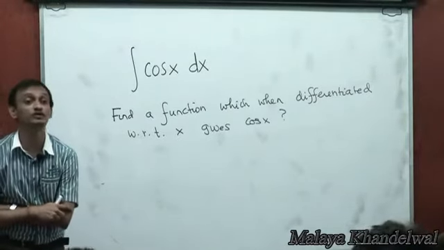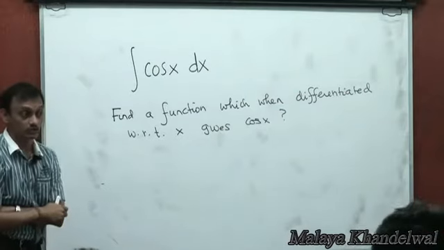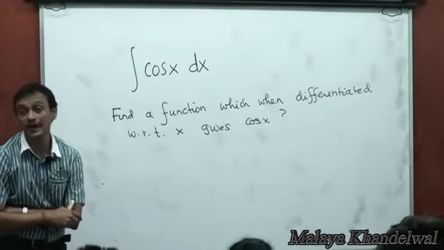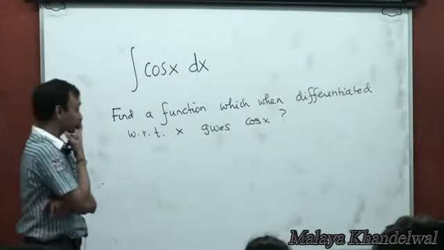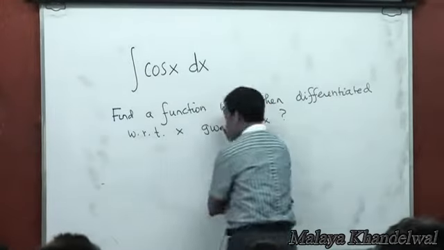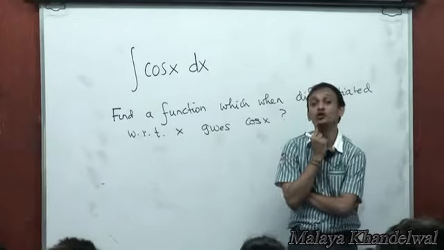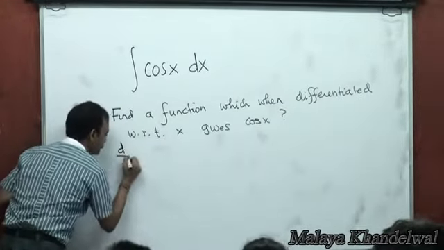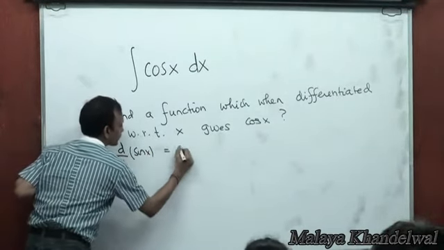What function when differentiated with respect to x gives me cos x? Sin x, right? The function which when differentiated with respect to x gives me cos x is sin x. But do you think that's the only function which gives me cos x when you differentiate with respect to x? I mean, see, this comes out of our knowledge of the following. d dx of sin x is cos x.